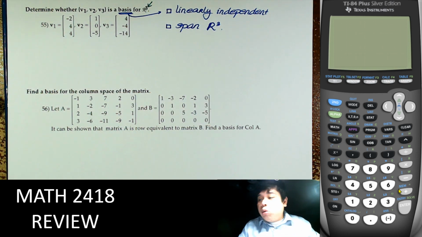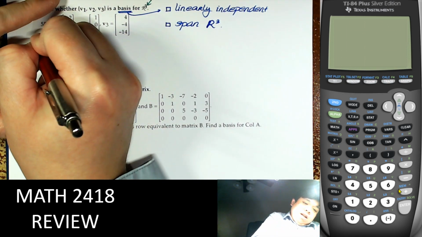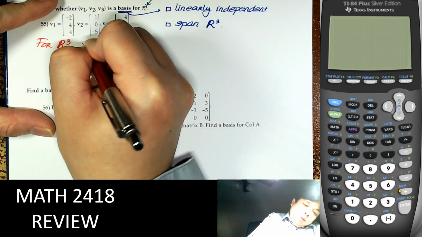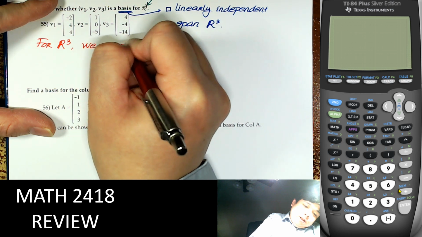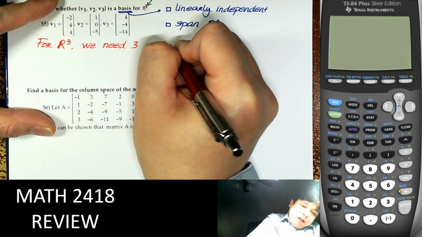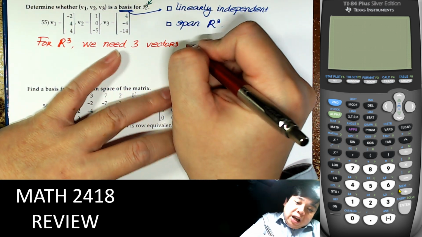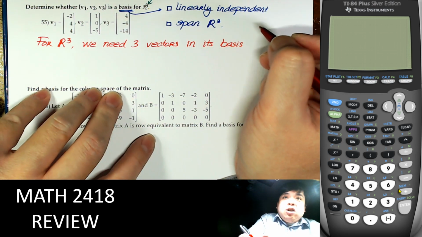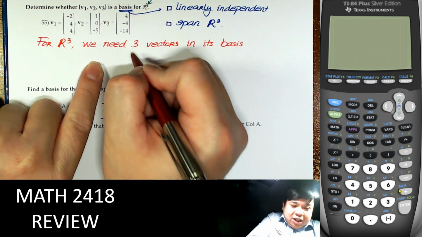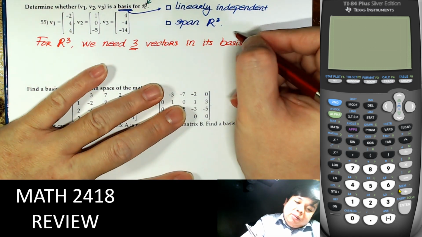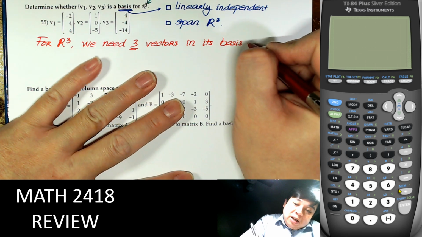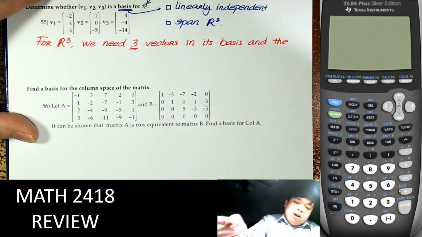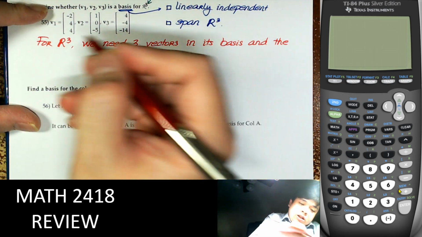So let me write the reason behind this. For R3, we need 3 vectors in its basis, and the vectors only need to satisfy one of the 2 properties because we have the same number, 3.